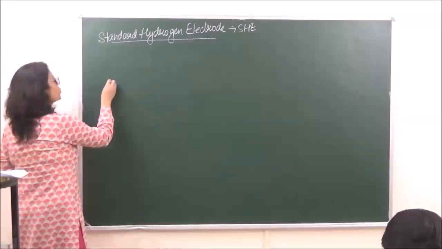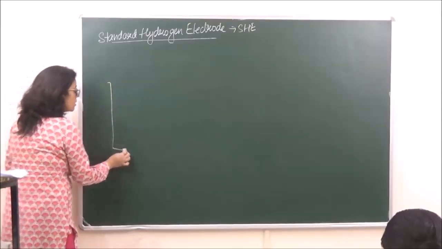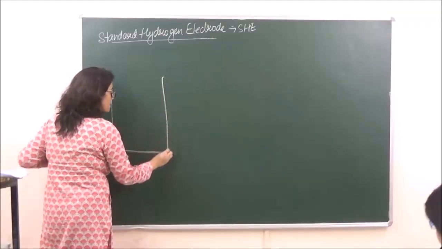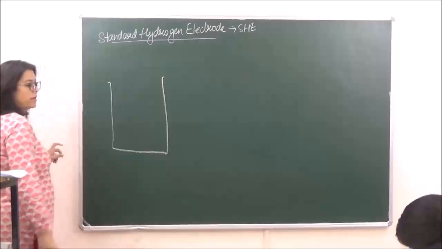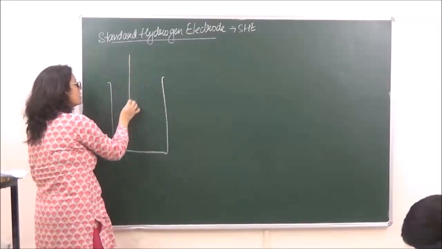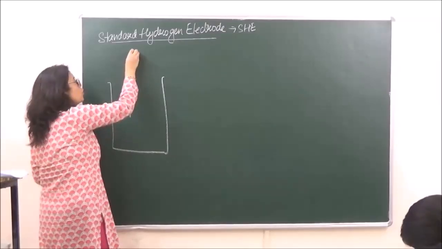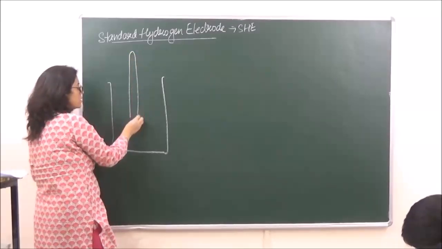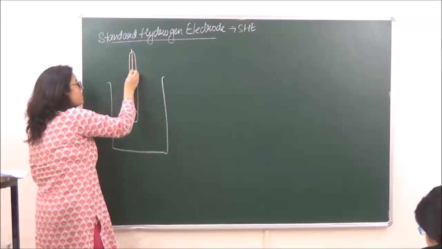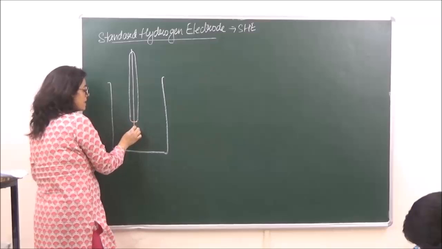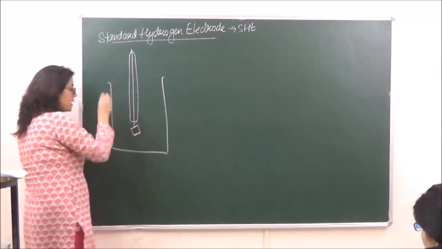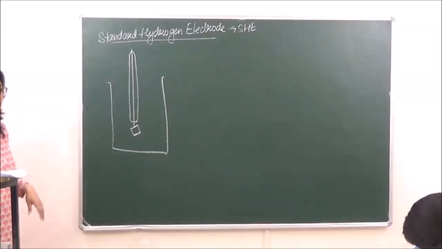The standard hydrogen electrode consists of a glass beaker, okay? In this we immerse a sealed glass tube in which a platinum wire is suspended, and this platinum wire is connected to a platinum foil.